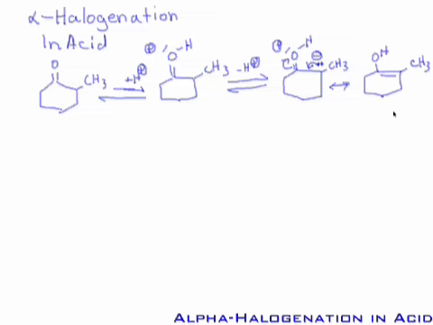Now, we can alpha-halogenate from the enol. And the reason for this is the resonance stabilization of the carbonyl, if you like.